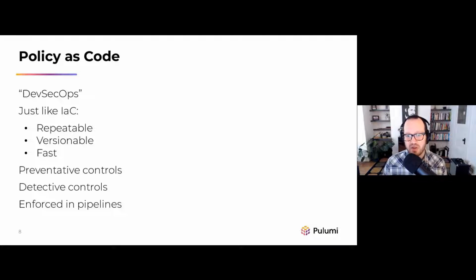In addition, there are detective controls. If any of you are familiar with AWS Config, detective controls will verify infrastructure after it's already been provisioned. You might create an S3 bucket, and then an AWS Config rule will fire and check whether or not that bucket is in compliance with your organization's policies.